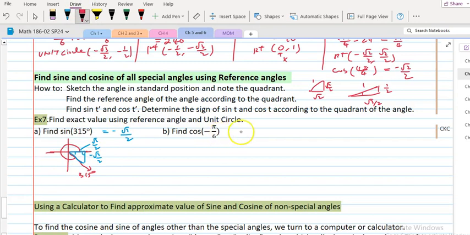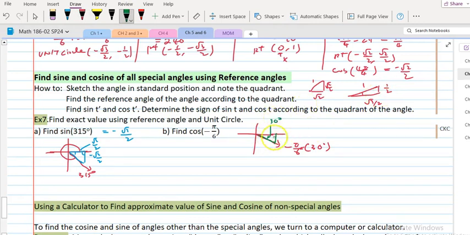So negative pi over 6, we would just draw it, right? Negative pi over 6 is like here. Pi over 6 is 30 degrees. So I'm going to put a 30 degree triangle here because this is 30 degrees, right?